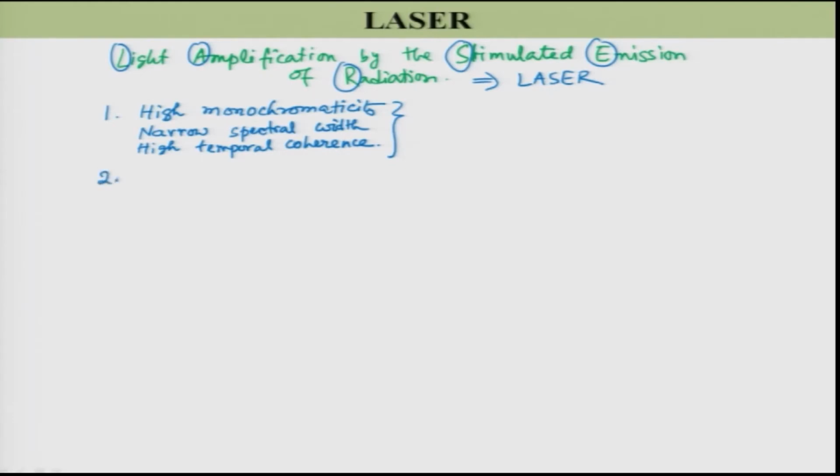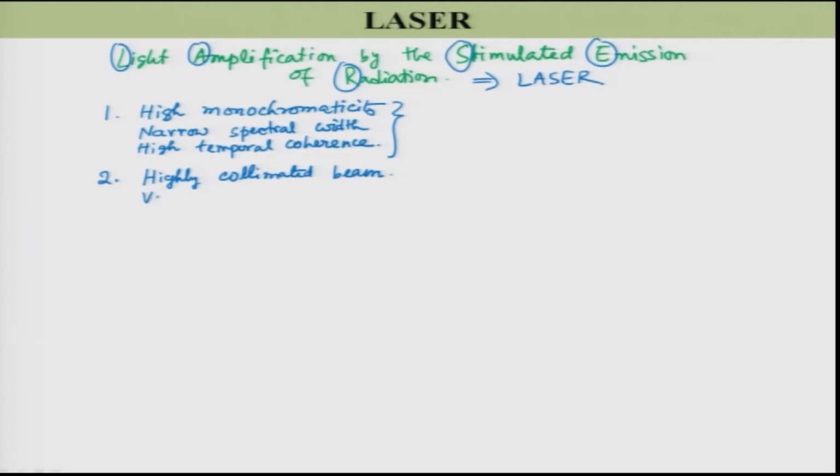The second property of this laser is that it can produce a highly collimated beam. Right. So, it means that the light coming from the laser will not diverge similarly to the normal, conventional light source.